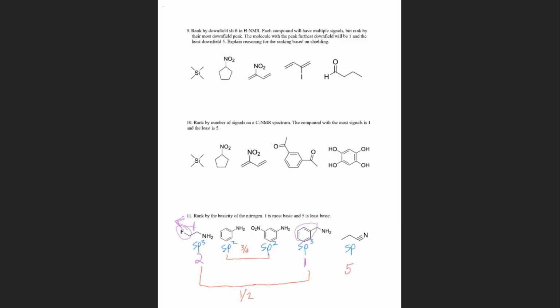Then, if we compare these middle two, the only difference between them is NO2. Is NO2 an electron withdrawing group or electron donating? That's what NO2 looks like for reference. So NO2 is an electron withdrawing group.